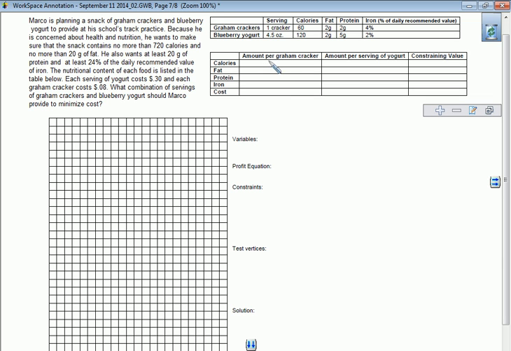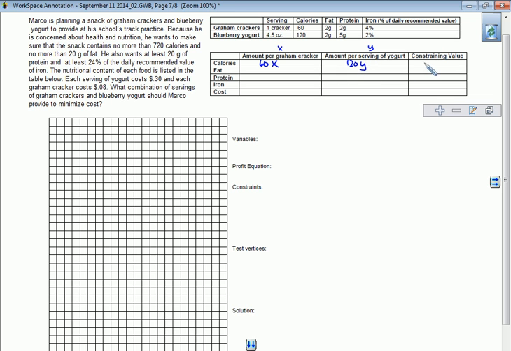Okay, so what does it tell me about calories for a graham cracker? 60. So if we called graham crackers X and yogurt Y, this would be 60X, wouldn't it? What about calories for yogurt? 120. So this would be 120Y.